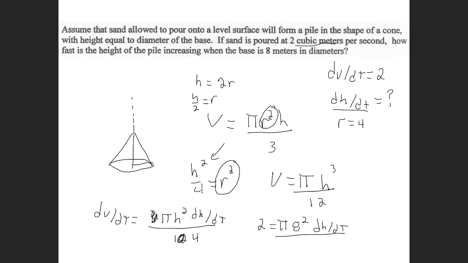Oh, I simplified it down, over 4 now. So now it's just math. This is going to be 64. If I cross that out, isn't that 16? So I end up with 2 is equal to 16 pi dh/dt. Divide through by 16 pi.